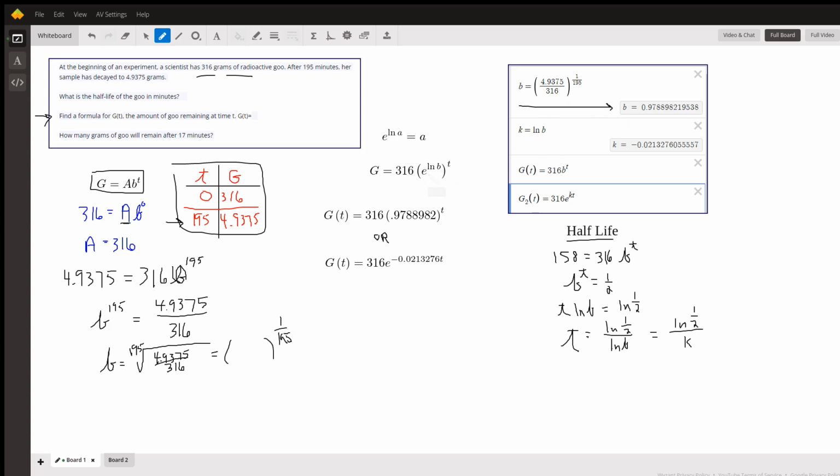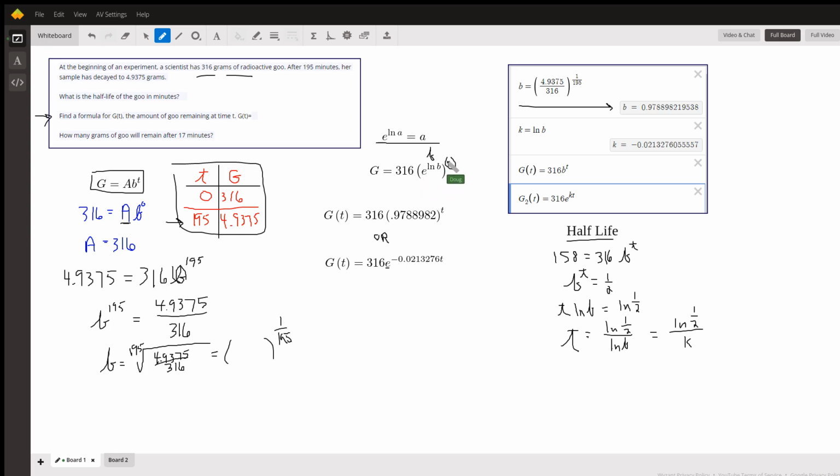And if you want to rewrite the function in terms of a base of e, you use this property of logarithms: e to the ln of anything is the anything. So rewrite the b as e to the ln of b, then here's b raised to the t power.